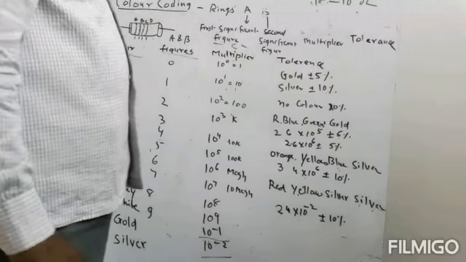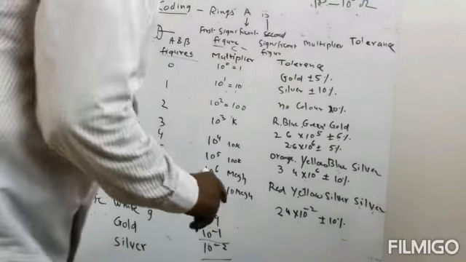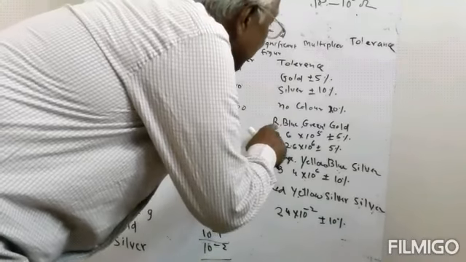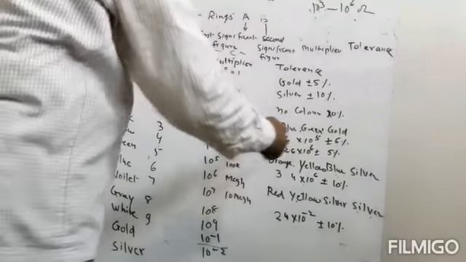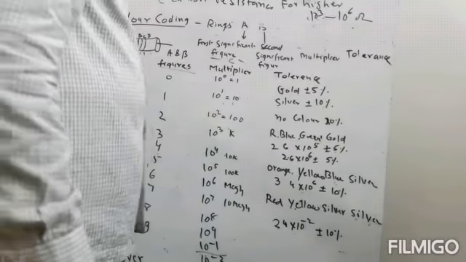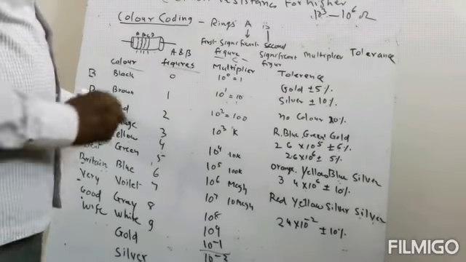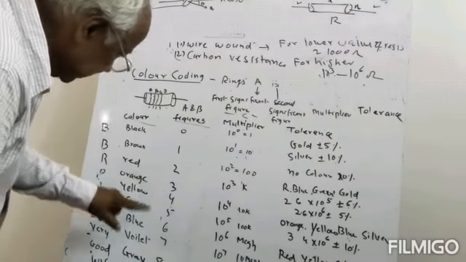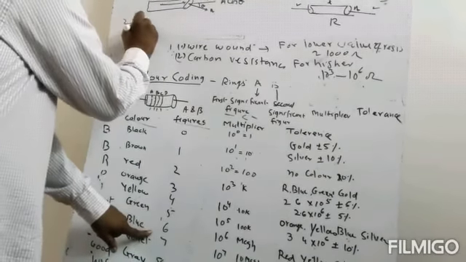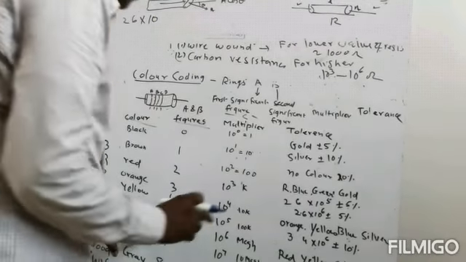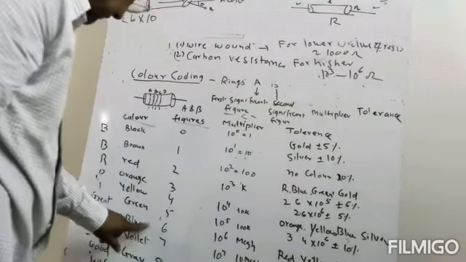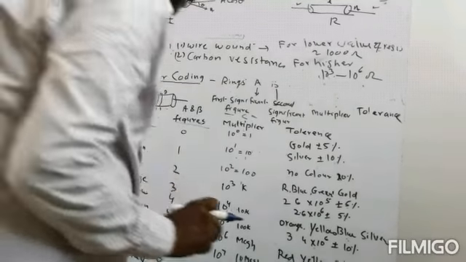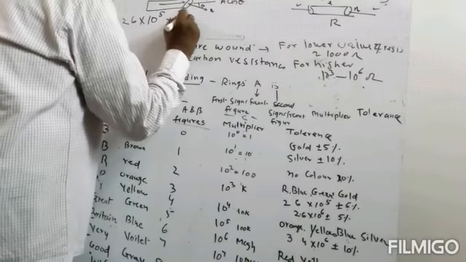So if we take the example, if the color is red, blue and green, for red it is 2, blue is 6, into 10 power, green 5, plus minus, this last is gold 5%.